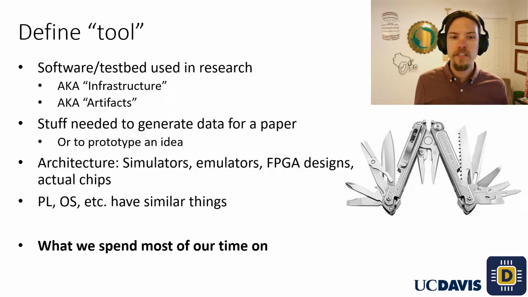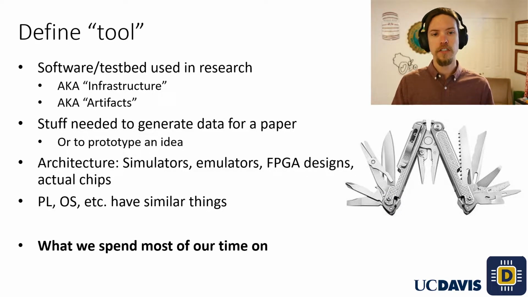Okay, but before we get into it, let's define a couple of terms. So first of all, what is a tool? I consider a tool whatever the software is that we're developing in order to do our research, or even hardware, other kinds of things that we create to do our research. This could also be known as research infrastructure or research artifacts.